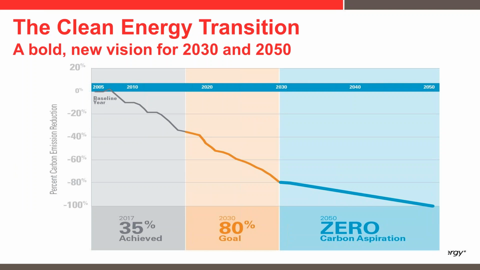Looking at overall leadership in the clean energy transition, Xcel Energy made a pretty bold announcement last November that we were aiming to achieve an 80% reduction in carbon emissions by 2030. And then aspirationally, we are targeting and looking for ways to reach 0 carbon emissions by 2050.